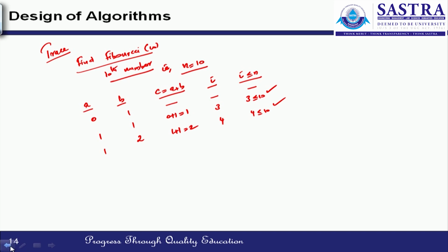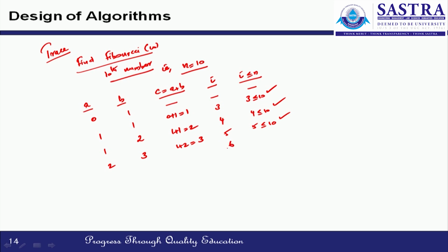Then after the update of A and B, I is incremented by 1, I becomes 5. 5 less than or equal to 10, condition is true. Now C is equal to A plus B, 1 plus 2 is equal to 3, A is updated to 2, B is updated to 3.